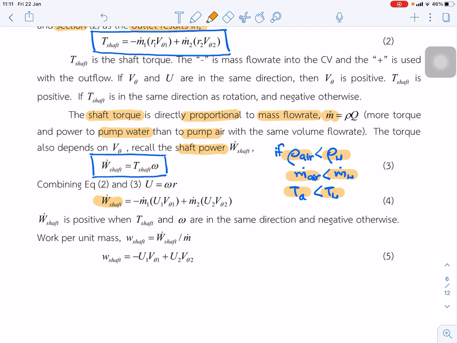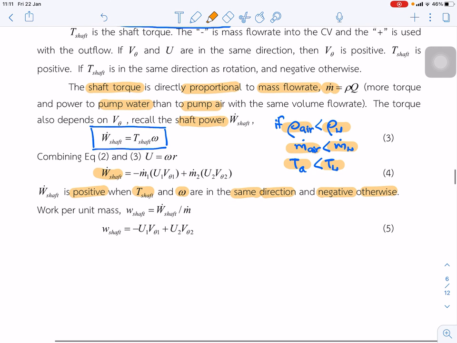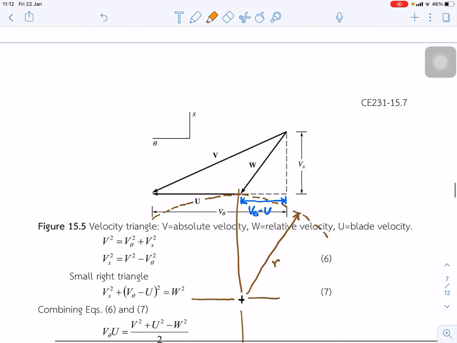W shaft is positive when T shaft and angular velocity are in the same direction, and negative otherwise. In the case of work per unit mass, we divide by mass, so we get this equation for the small w shaft.